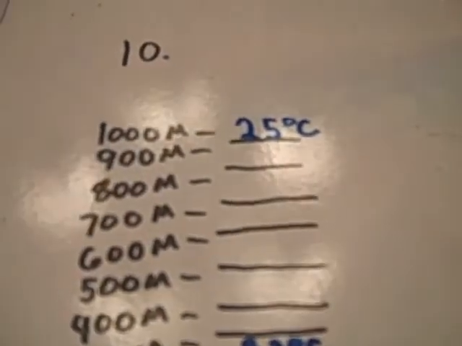So right here would be 34 degrees C, 33 degrees C, 32 degrees C, and so on and so forth. So work your way through question 10.